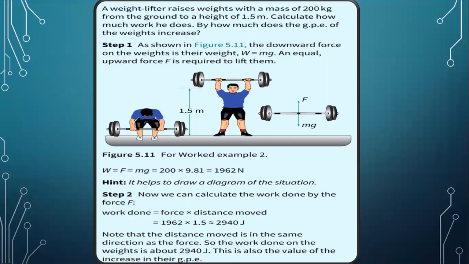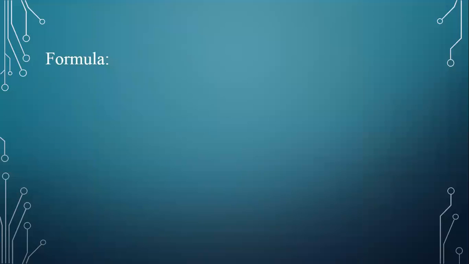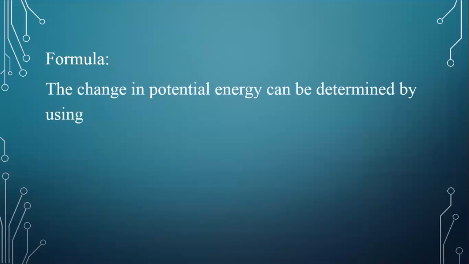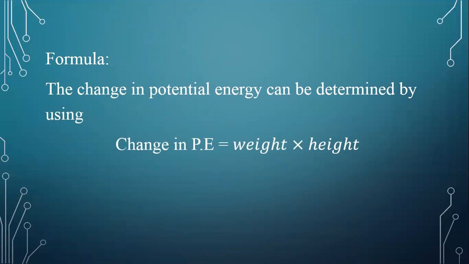So with the help of this example, we can discuss this increase in potential energy or change in potential energy. Its mathematical form can be written as: change in potential energy is equal to weight multiplied by height, and weight is equal to mg, height is h, so potential energy is equal to mgh.